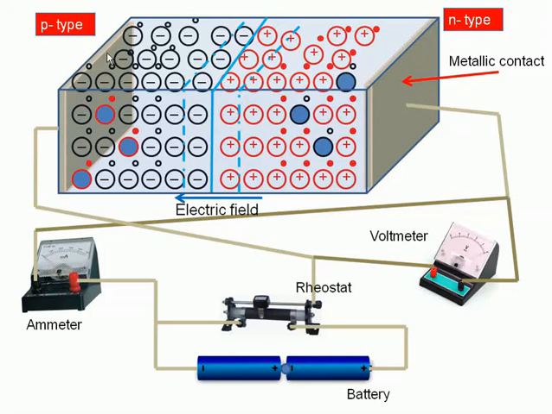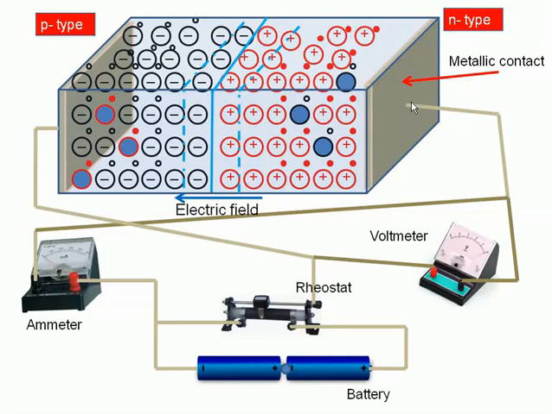Here the p-type is connected to the positive terminal of the battery; this is the positive terminal and this is the negative terminal. The negative terminal is connected by the ammeter with this n-type semiconductor. So this is the circuit diagram for the p-n junction diode.